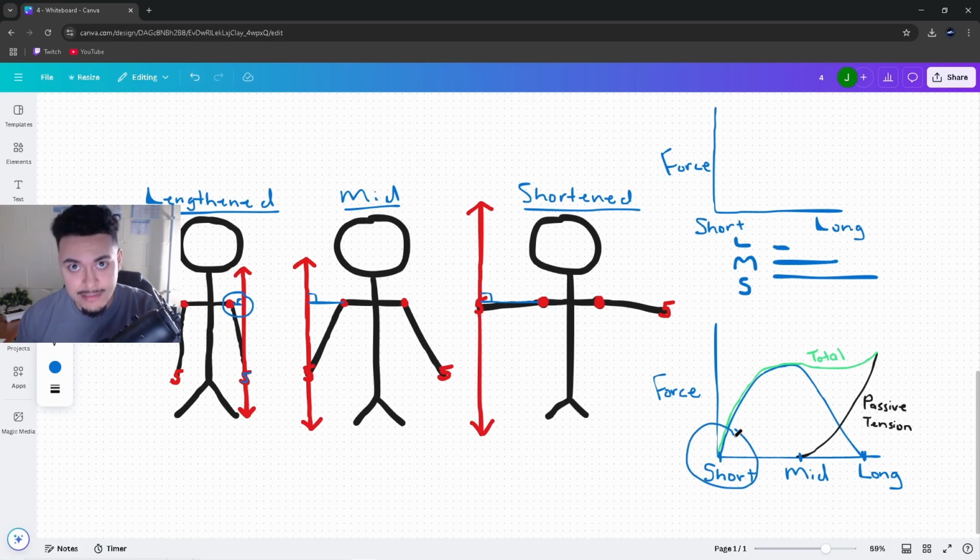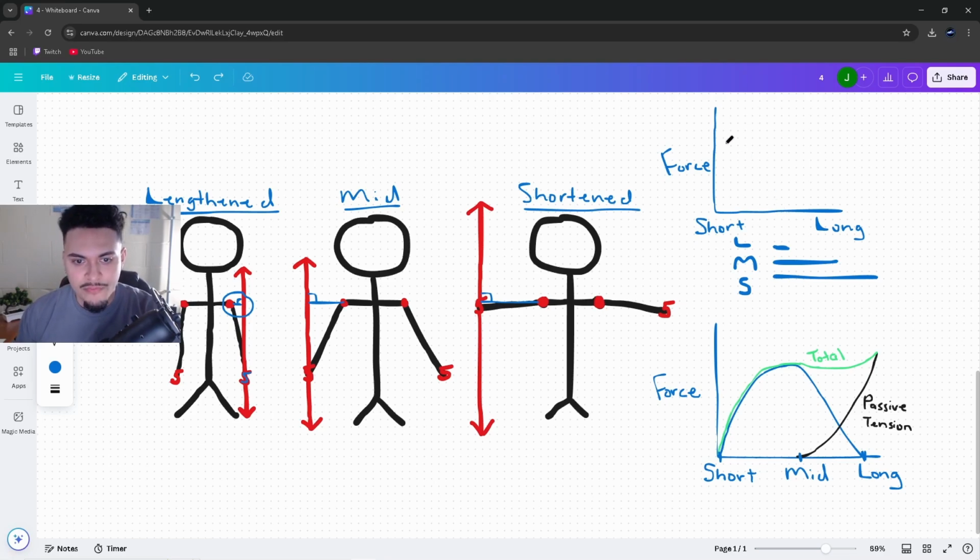So if we draw out this resistance profile, it's going to look a little something like this. We've got our shortened range over here, which matches this shortened range, the lengthened range, which matches this lengthened range. Then obviously the middle right here is the mid-range, just to clarify in case anyone is confused.